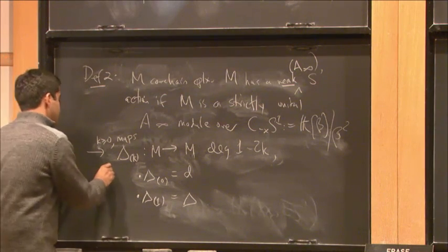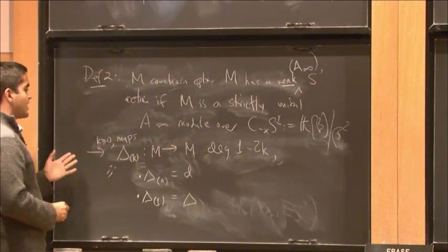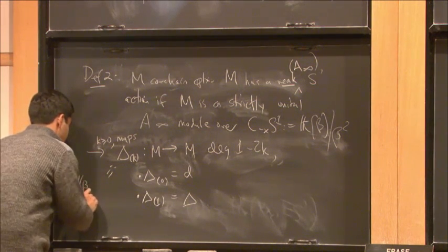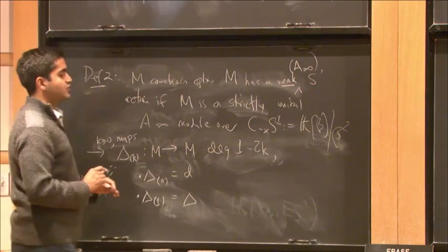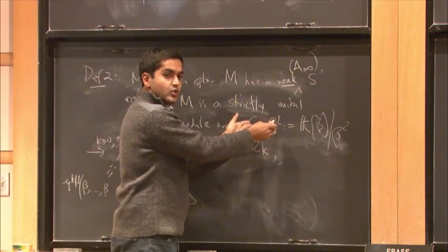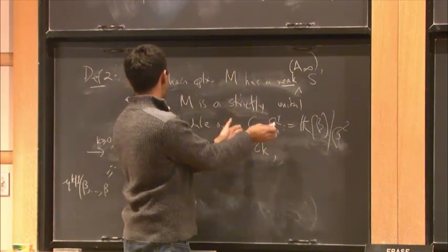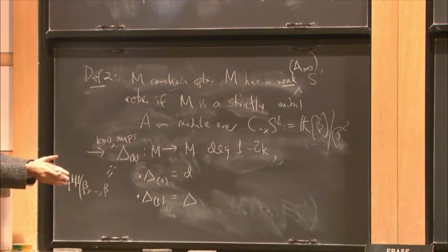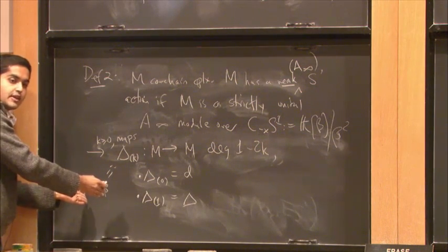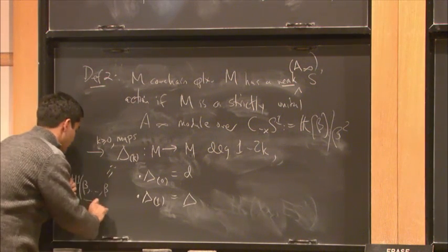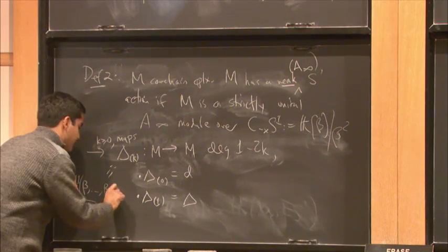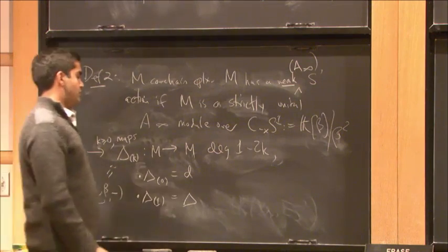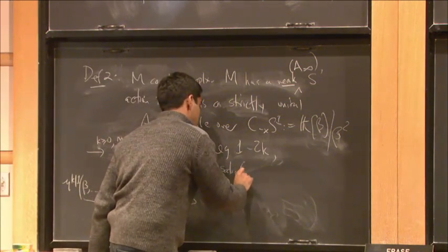Generally, if you like A infinity modules, you should think of this as: there's only one interesting operation at each level. An A infinity module allows you to multiply by many copies of chains on S1. So you have many copies of chains on S1, a single copy of M, you get a copy of M as an output, and so there's only one interesting thing to specify, which is how you multiply by k copies of beta. And this is the thing that's supposed to correspond to delta k.